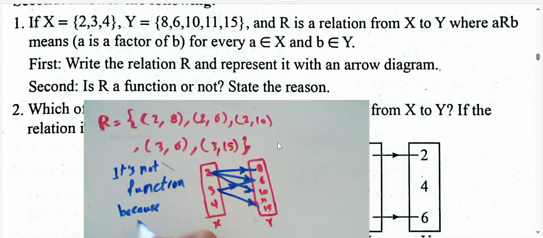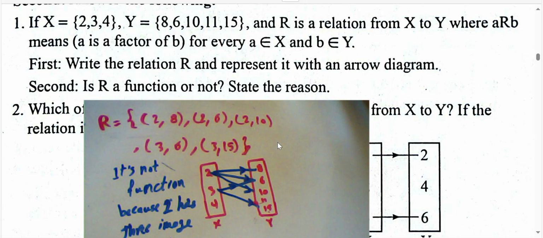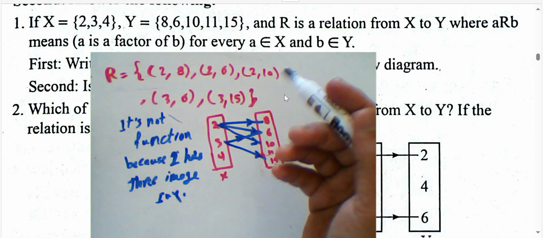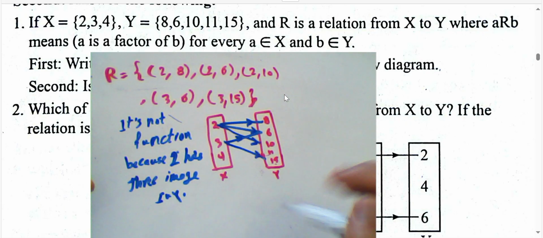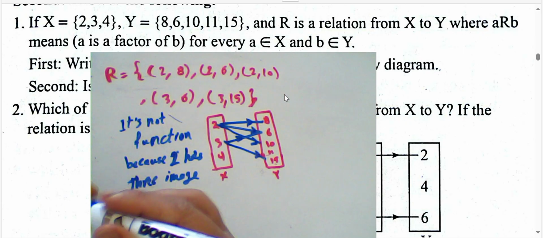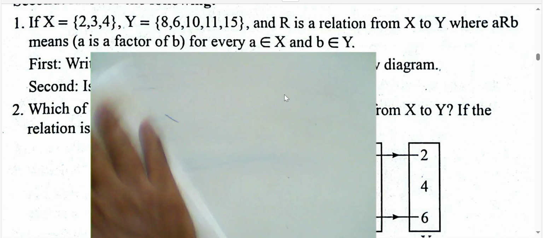Because the element 2 has 3 images in Y, so it will be not a function. Like this we can also see 3 has 2 images, or 4 hasn't any image. Okay, right, any reason is right.